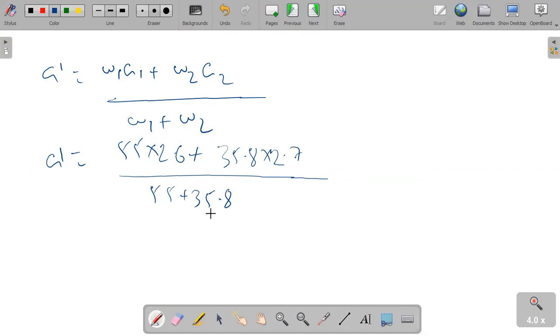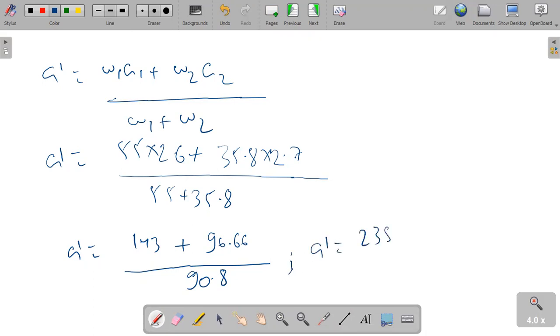So if we calculate this, 55 into 2.6 is equal to 143. G dash is equal to 143 plus 35.8 into 2.7, it is 96.66, upon 55 plus 35.8, it is 90.8. Here 143 plus 96.66 is equal to 238.66.